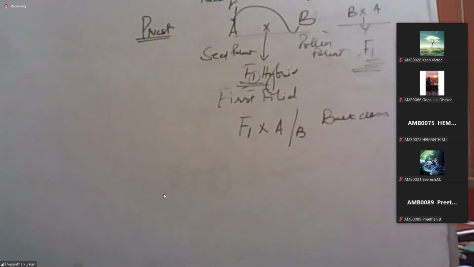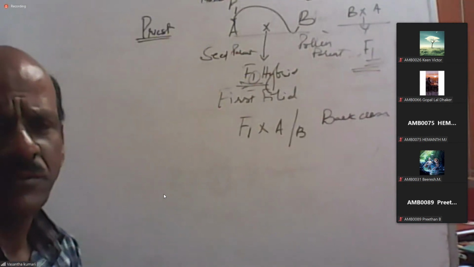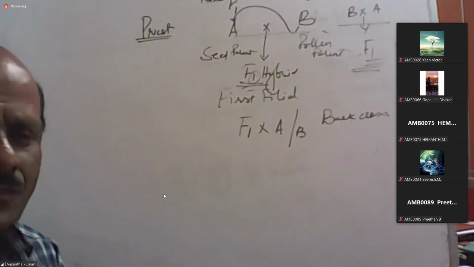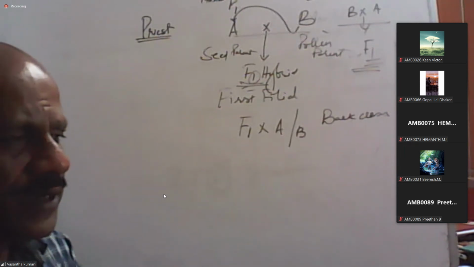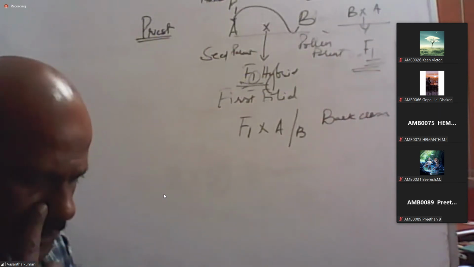Kindly make a note. A set of reciprocal crosses are made to determine whether the trait is under the influence of nuclear genes or cytoplasmic genes.